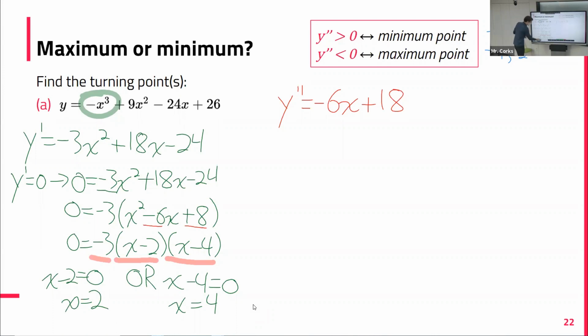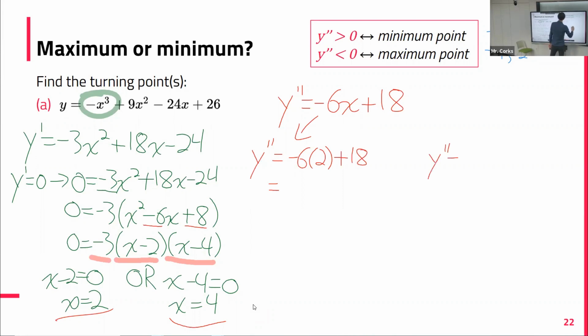The x values that we got, x equals 2 and x equals 4, we are going to sub both of those into this separately. So y double prime equals negative 6 times 2 plus 18. And y double prime equals negative 6 times 4 plus 18. What's this result? Positive 6, and this one? All right, negative 6.